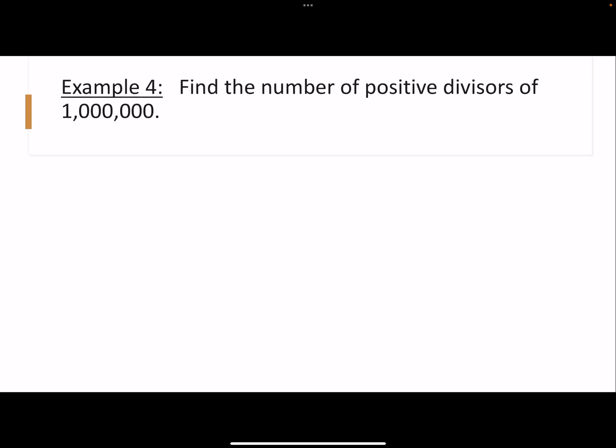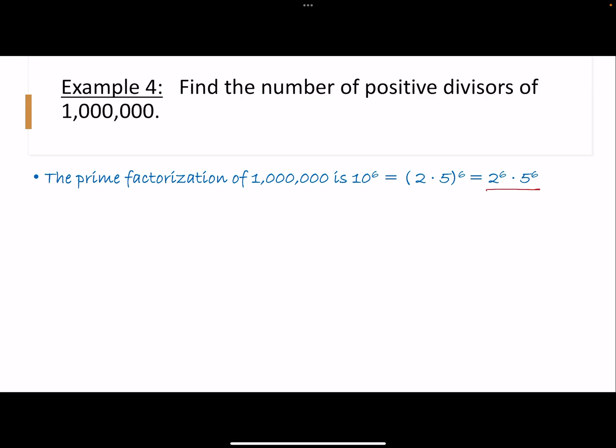So let's look at an example. What if I wanted to find the number of positive divisors of 1 million? What you're going to do is break 1 million down into its product of primes. If you break 1 million down, you'll see that you get 2 to the 6 times 5 to the 6. All you have to do is take your exponents and add 1 to them.